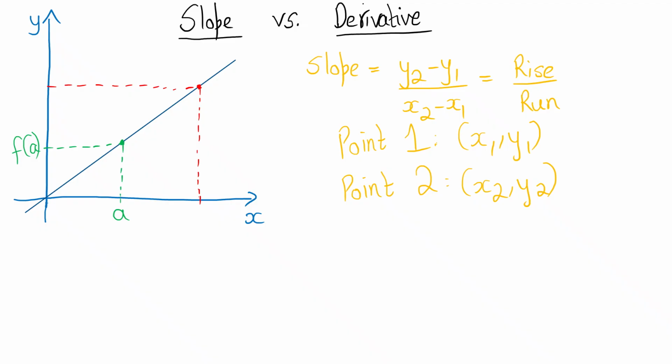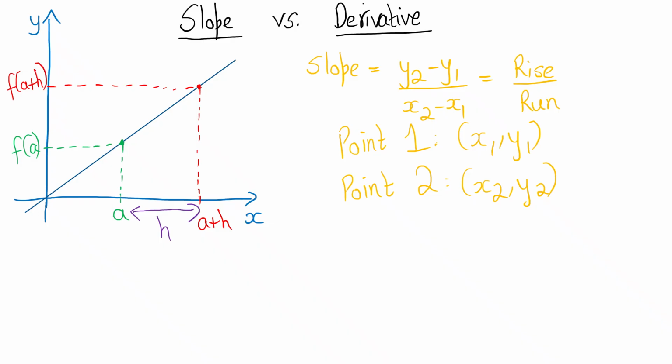For my red point, let me choose the distance on the x-axis between my red point and my green point to be equal to h. If I do this, then the x coordinate of my red point should just be a plus h, and therefore the y coordinate should just be f of a plus h.